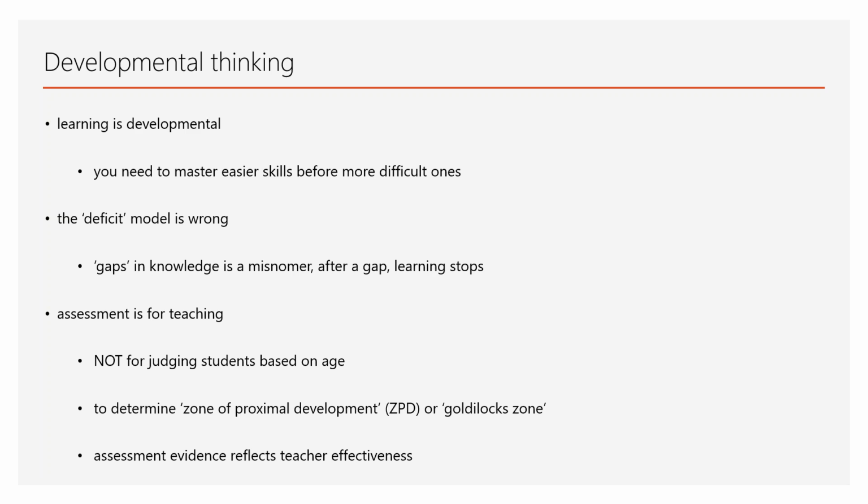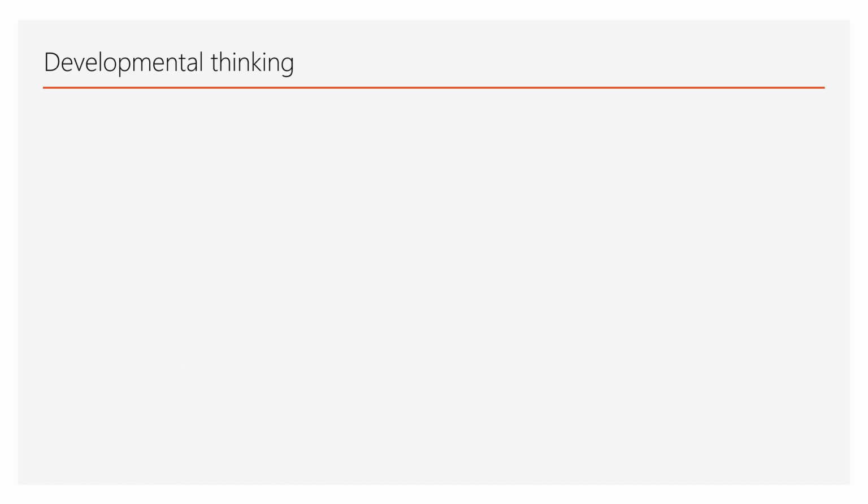The way I see it, we don't teach, we help others to learn something. We expose them to experiences so that they learn. If there's no learning going on, then there's no teaching going on. So assessment evidence in the developmental model reflects teacher effectiveness. This is something that Hattie talks about a lot, know thy impact, and you get that through assessment evidence.